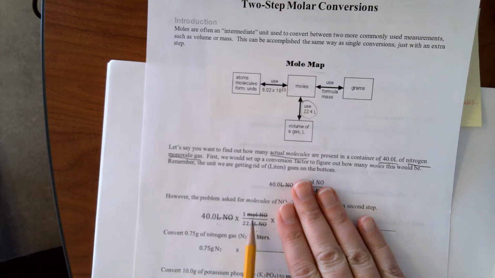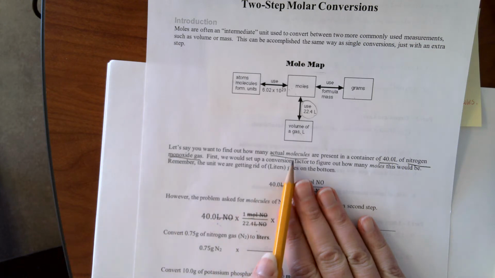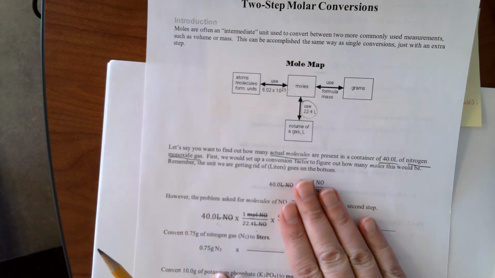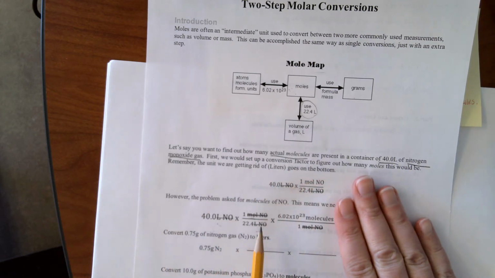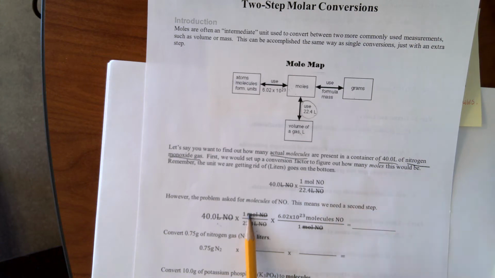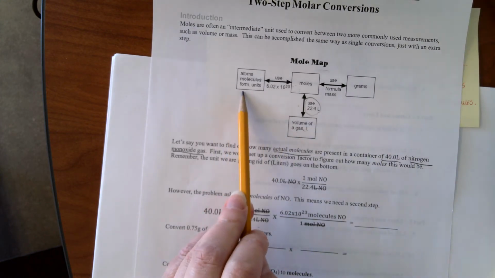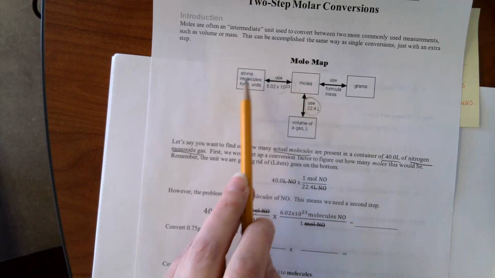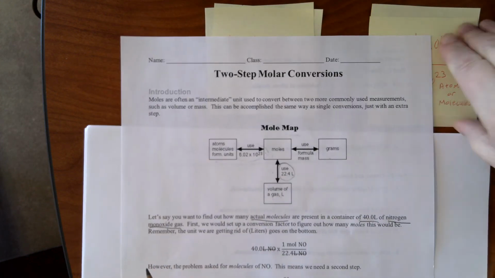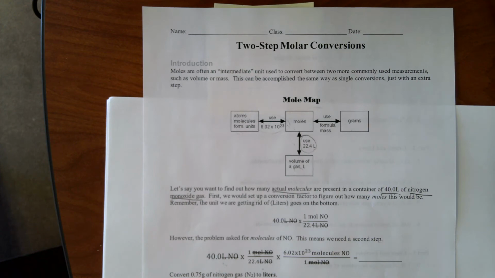After that, moles would go to the end as your answer, but we want molecules, okay? So you have to write another conversion factor, making sure to have moles here on the bottom because you need to get rid of moles here. Then you check out how you go from moles to molecules, and it says to use 6.02 times 10 to the 23rd as your conversion factor.